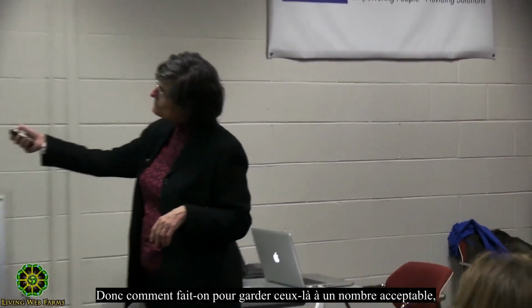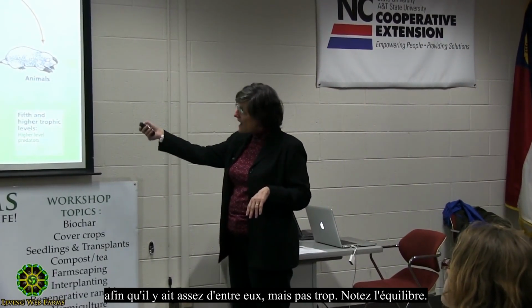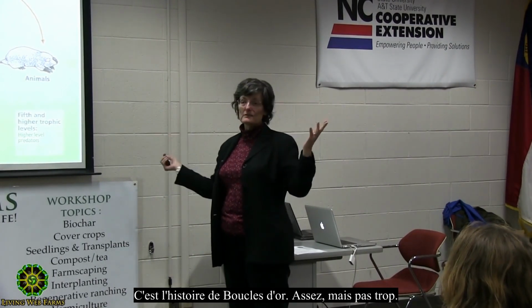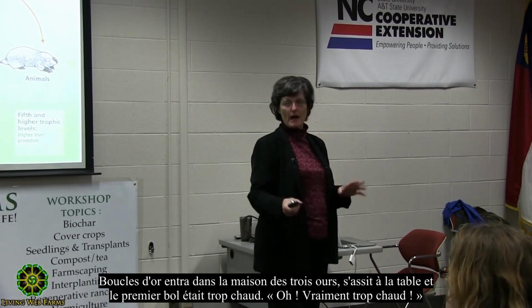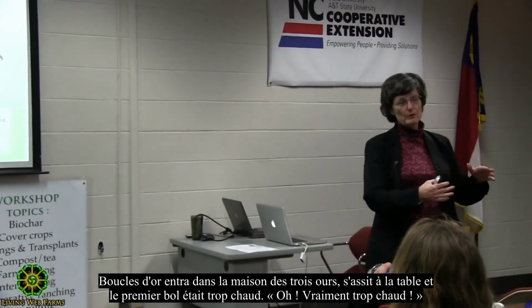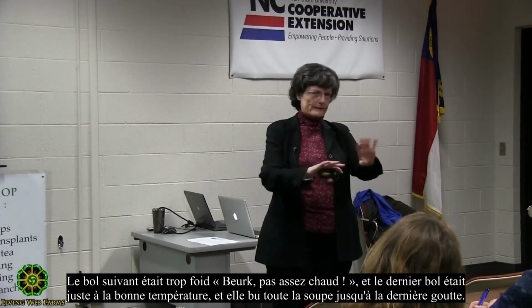So how do we keep these guys at the right level so there's enough of them, but not too much? See, balance. So the Goldilocks principle. Enough, but not too much. Goldilocks walked into the three bears' house, sat down at the table, and the first bowl was too hot. Woo, too much temperature. The next bowl was too cold. Ugh, not enough.